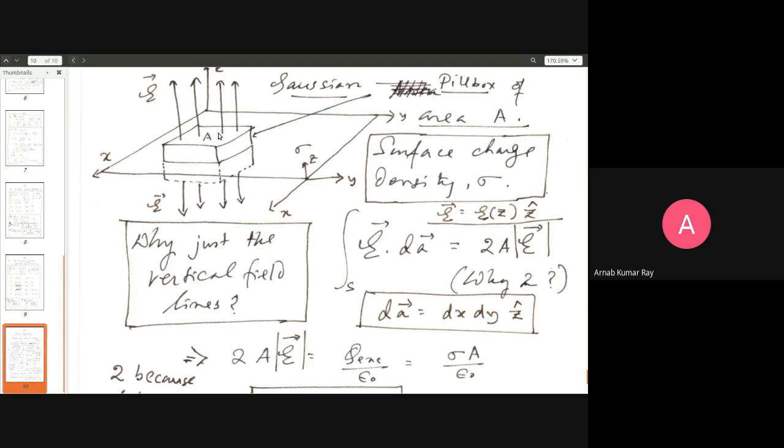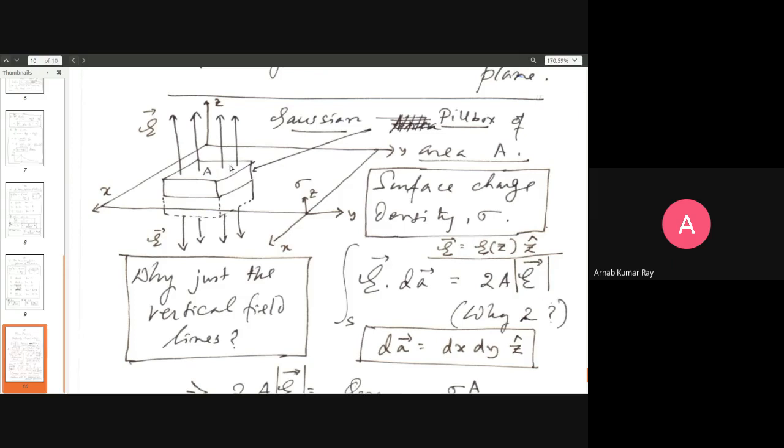Try and follow this: two neighboring charges will be throwing field lines that are oblique to the plane. You have a charge over here; it'll throw a field line in a right-inclined direction, and then a charge slightly to its right will throw a field line to the left. So all the field lines will have both vertical and horizontal components.